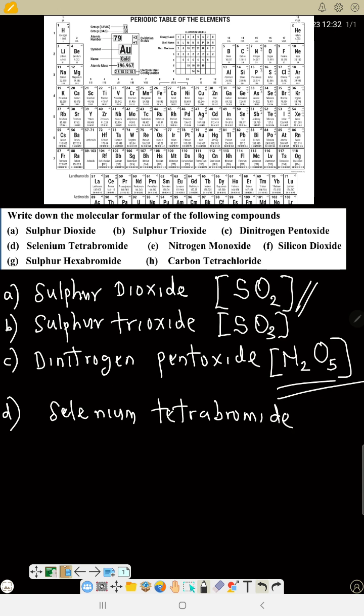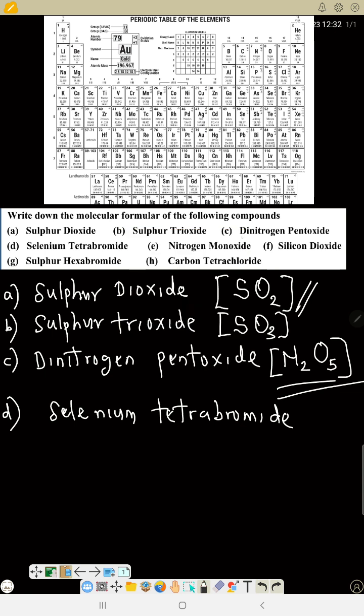Selenium, check your periodic table. It is Se. You will see Se here. That is selenium, Se. That is the essence of the periodic table. The more you use it, you know all the positions they belong and it will stick.